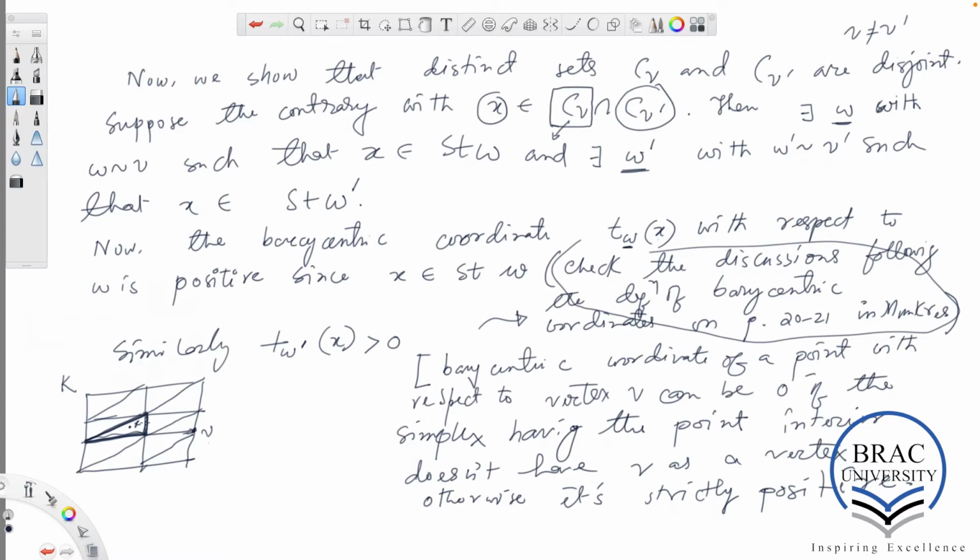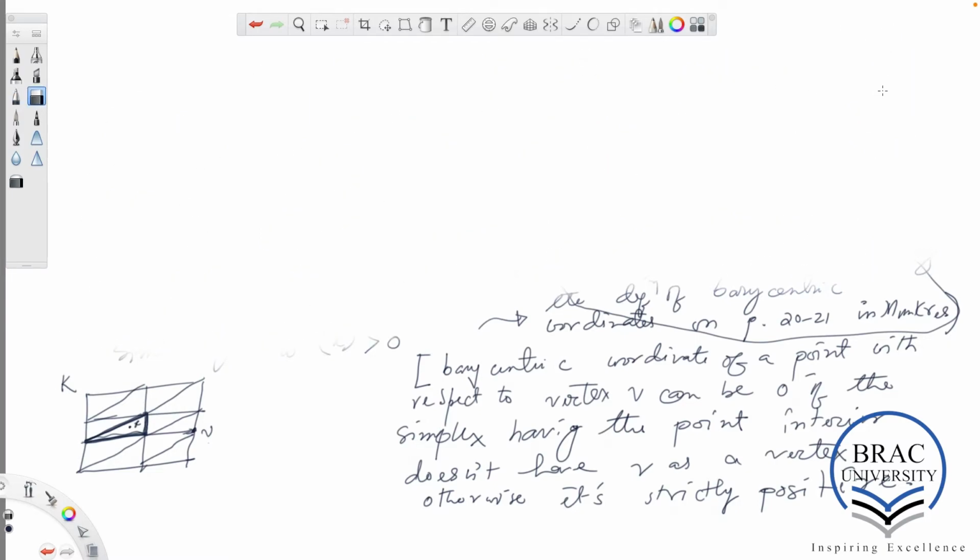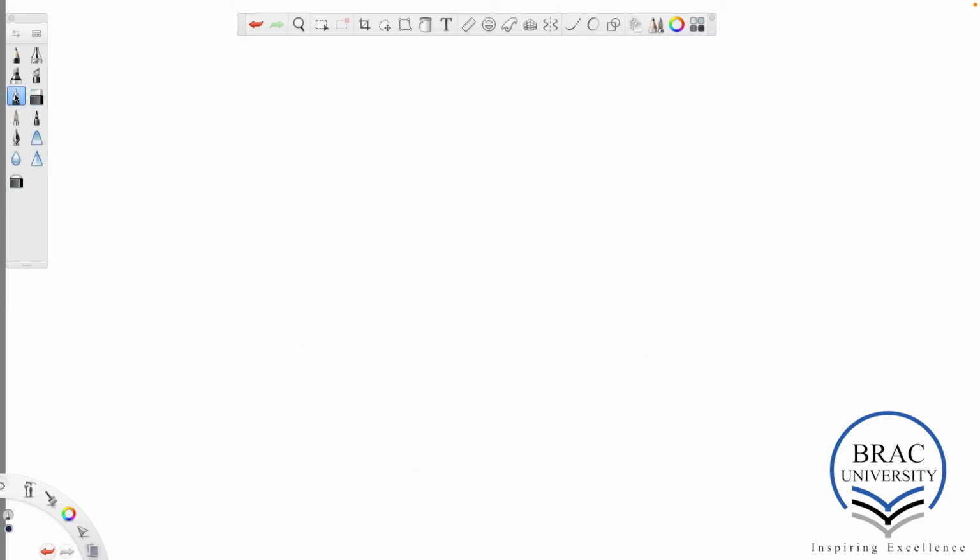There is no other simplex of the complex K that contains this point x. The point x is interior to precisely one simplex of K.